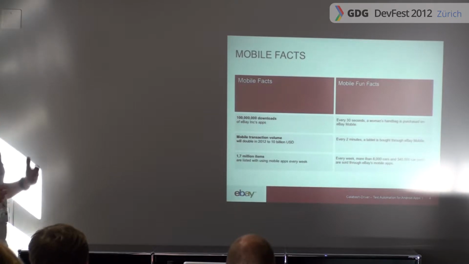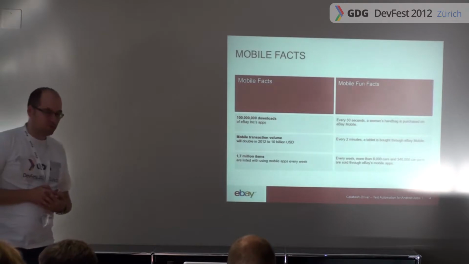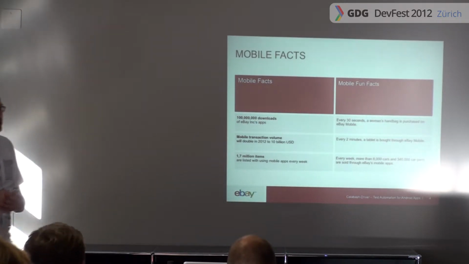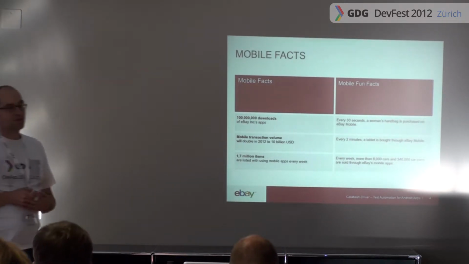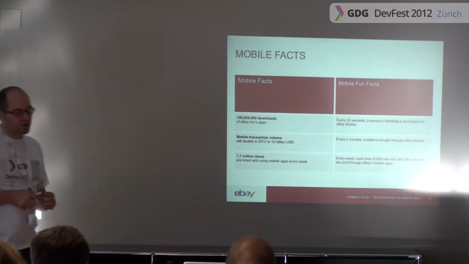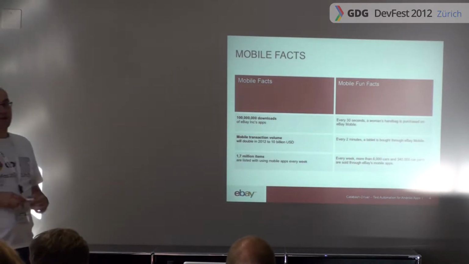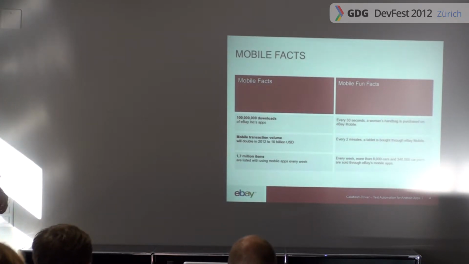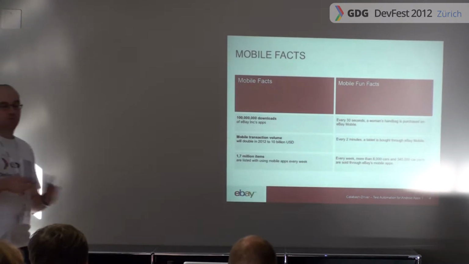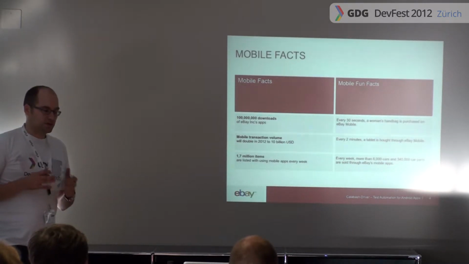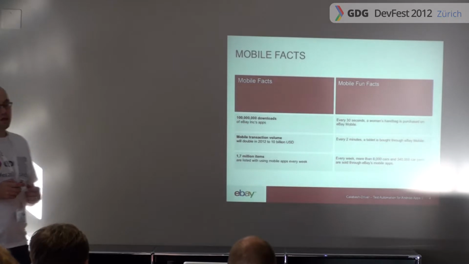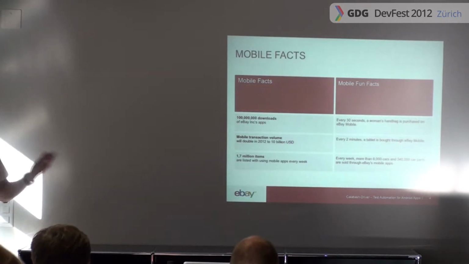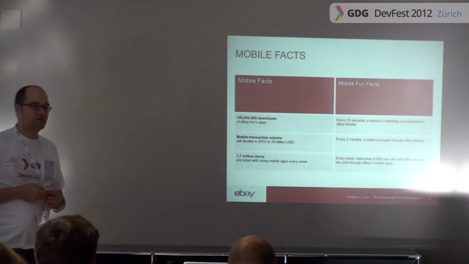But in general, the mobile eBay app has been downloaded more than 100 million times, and our mobile transaction volume will double this year to $10 million, and about 1.7 million items are listed every week using mobile devices. So for us, mobile is very important, and we also transact a lot of money on mobile devices.